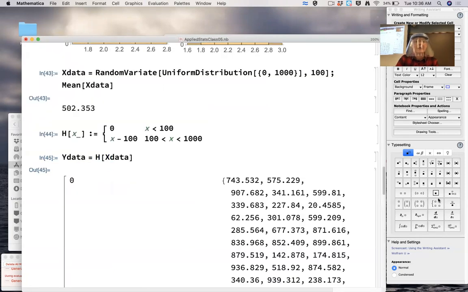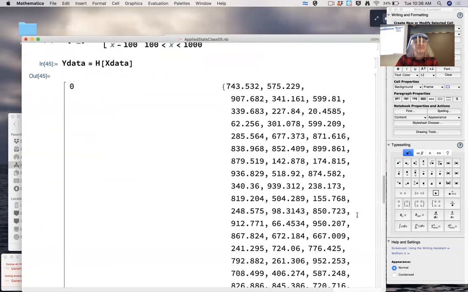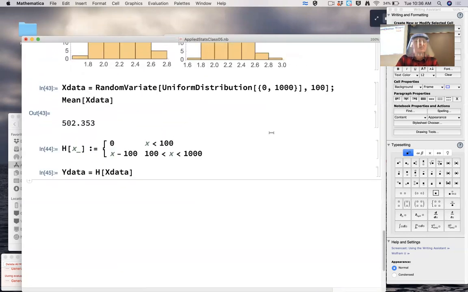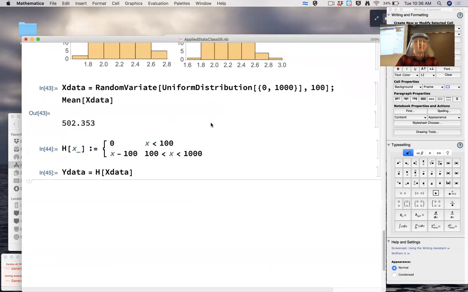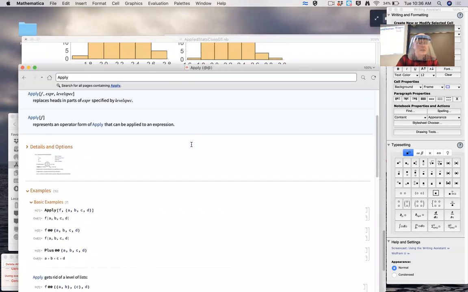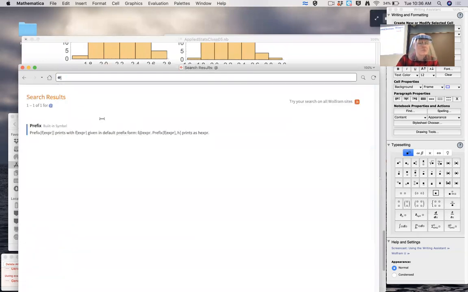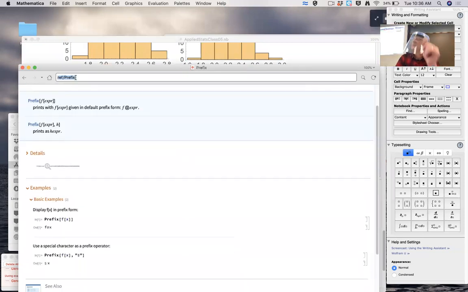I think I can just do this. Nope, that didn't work. Oh, well, sort of works, but not so nicely. Let's see here. No, not apply. What is the command?